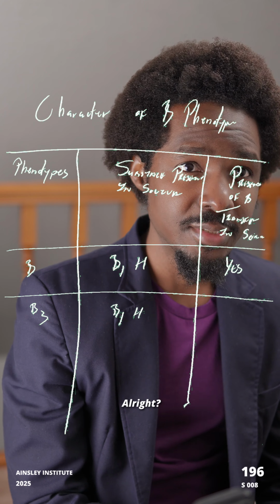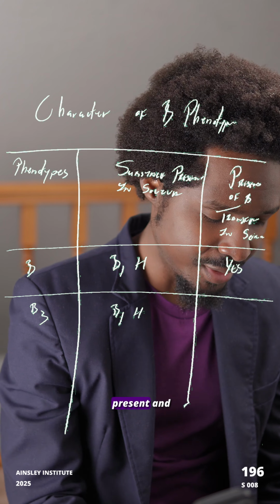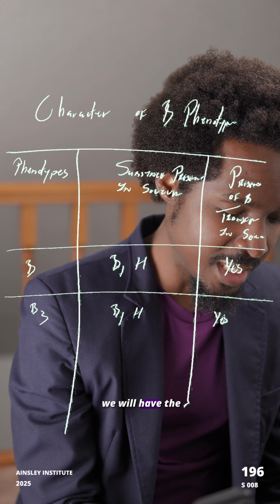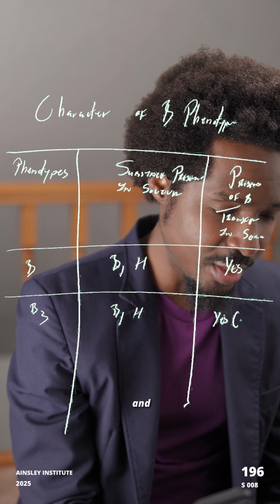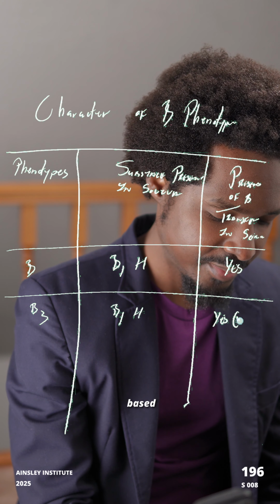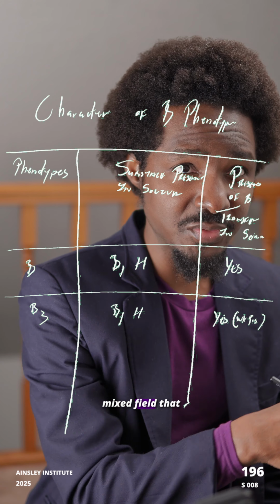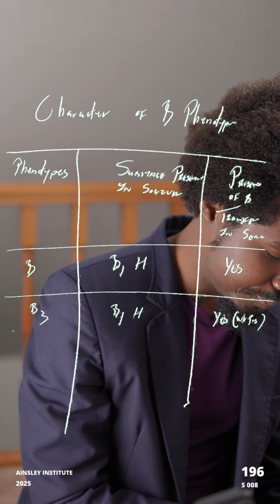All right. So we have that B being present, and sometimes, yes, we will have the B transferase and we'll get a weak positive based on that mixed field that we had, right?